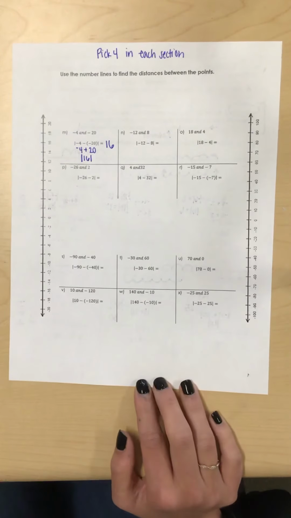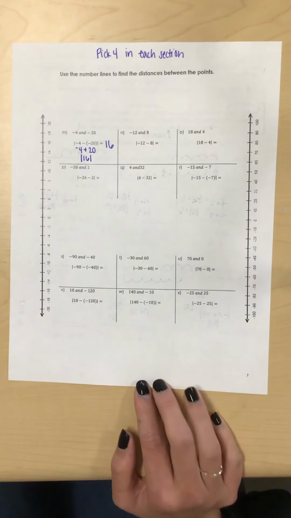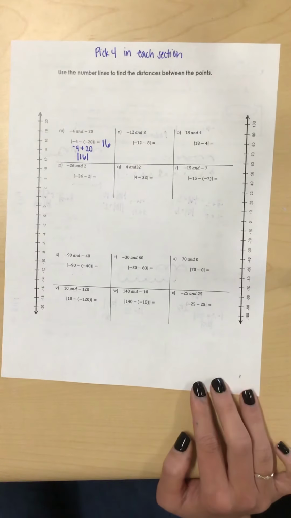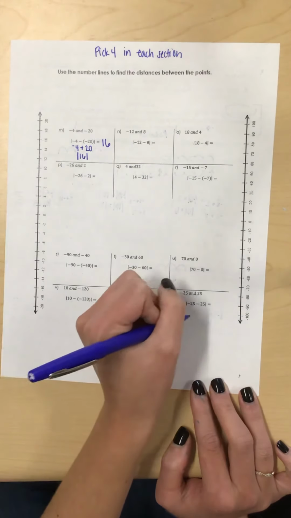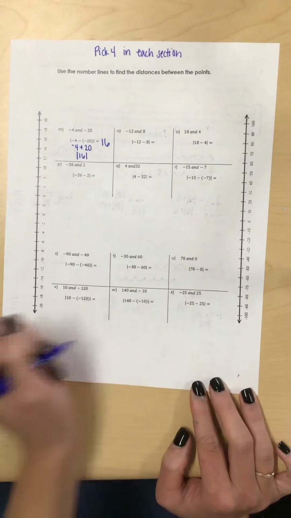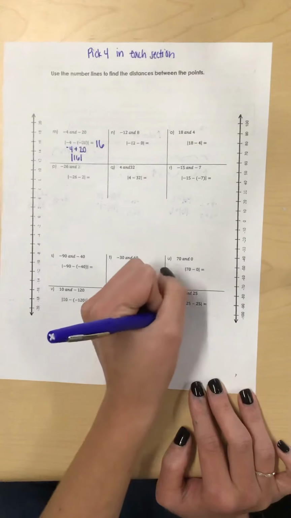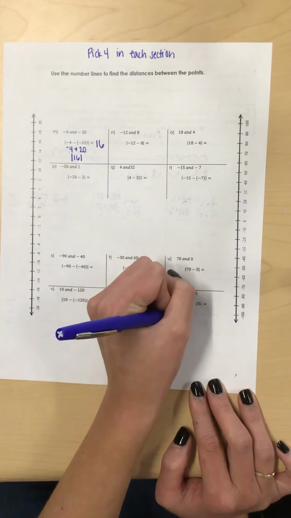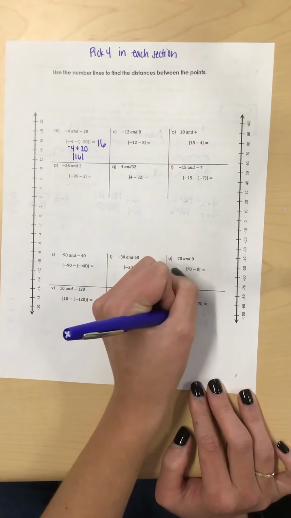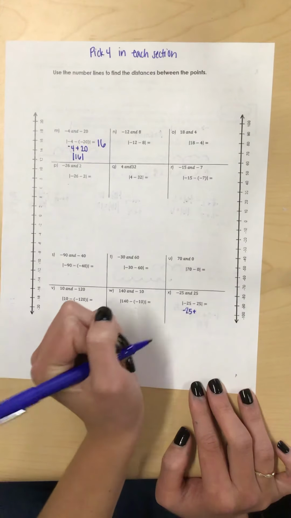Down here, I'll do this last one with you. So negative 25 minus 25. Again, over and over, your rule for subtraction, the first thing you want to do is change it to an addition problem. You do that by keeping the first number the same. The subtraction changes to addition, and then you have to do the opposite of this.